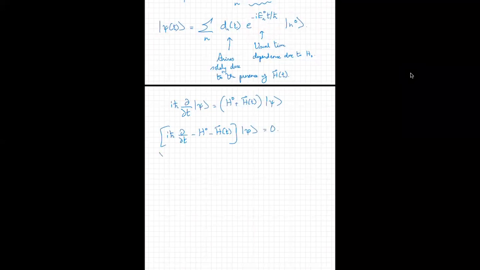So this combination turns out to be a null operator. It acts on a general vector to give me 0. So I will take this null operator and act it on equation number 1 on both sides. On the left hand side, of course, if this operator acts on psi of t, as we have just discussed, it gives me 0.